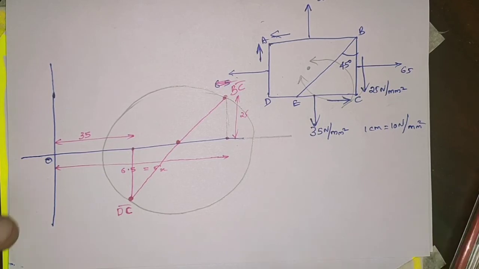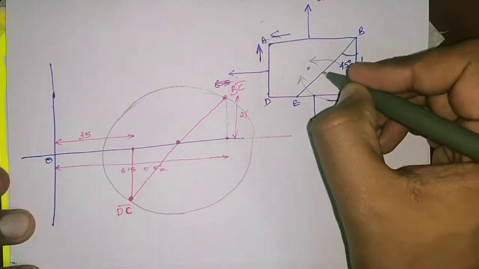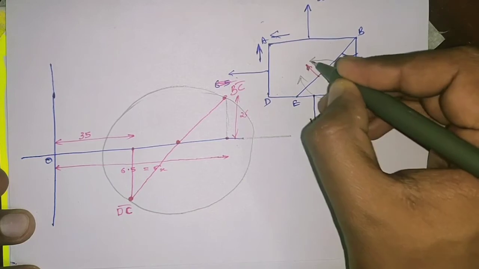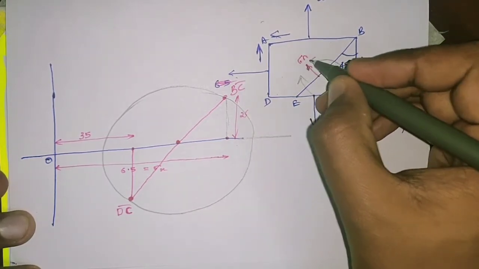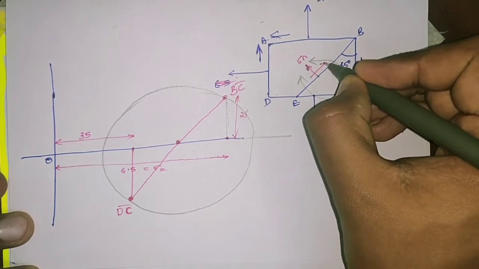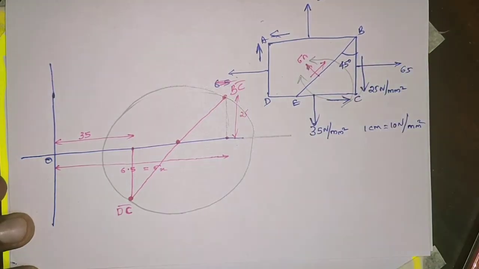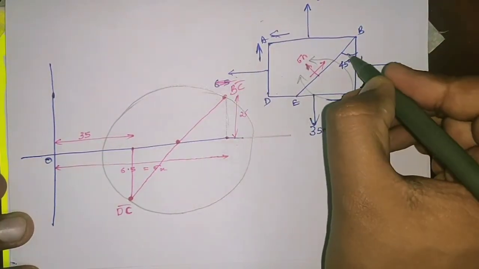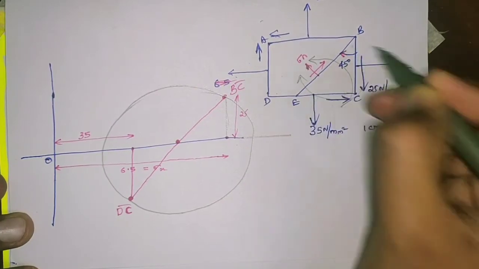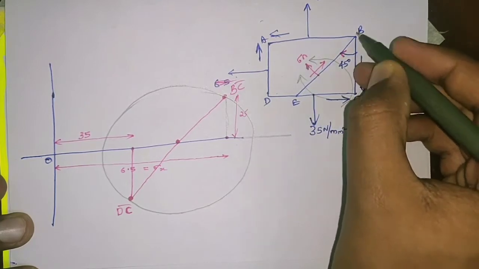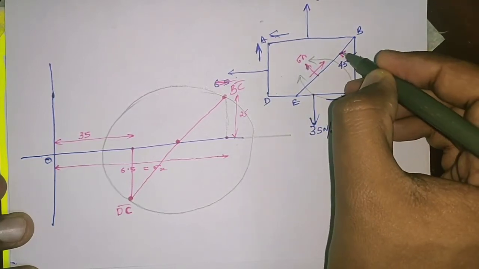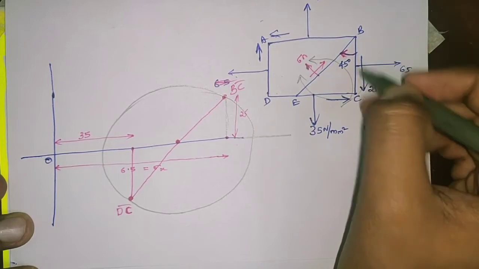Next we are going to represent the BE plane. In the BC plane, actually this is the inclined plane. We are going to find out the normal stress and shear stress on this BE plane. And we know this BE plane is at an angle of 45 degrees clockwise. This is clockwise rotation from BC, 45 degrees clockwise from BC.